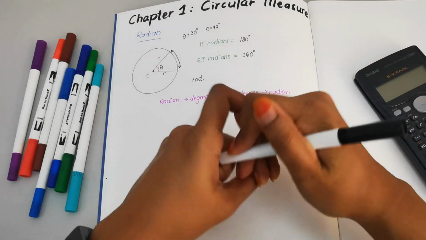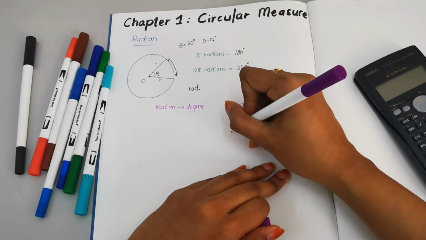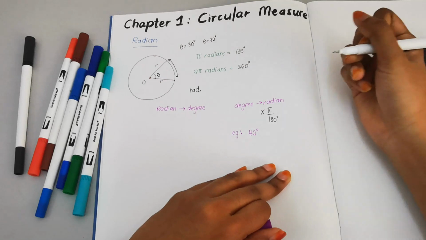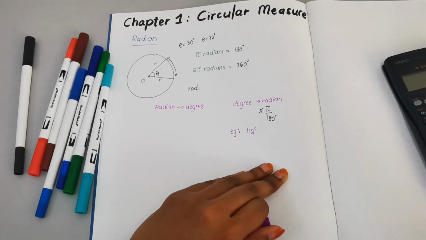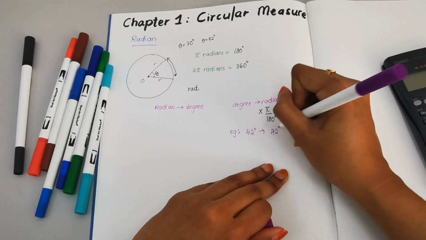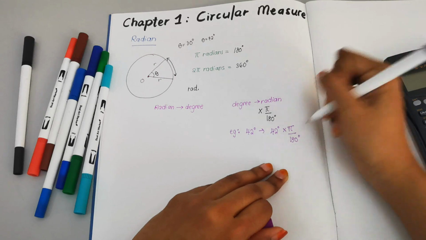Let's see how this works with an example. You are given 42 degrees, change to radian. You take the 42 degrees and times by pi over 180.